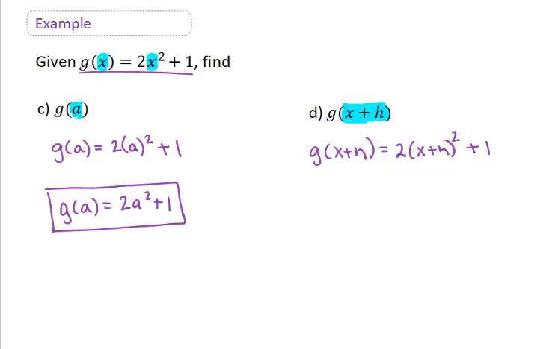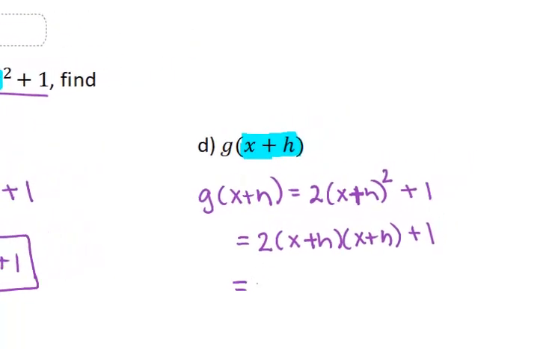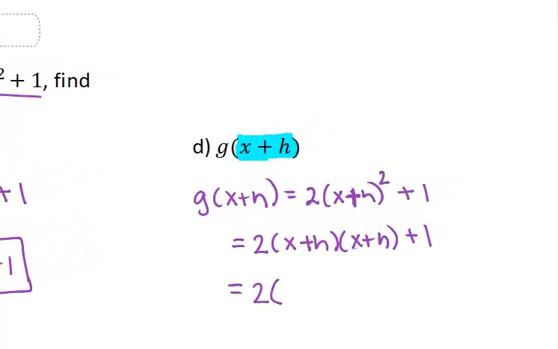To simplify this, we need to figure out what x plus h squared is. Remember, you cannot distribute that square when your operation is addition or subtraction. So the way that we need to do this is we need to FOIL what our x plus h is. So first, x times x gives me x squared.